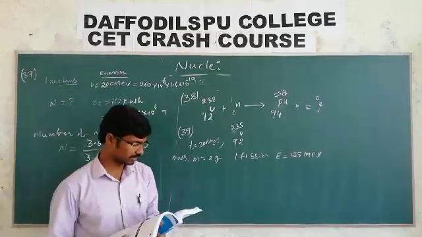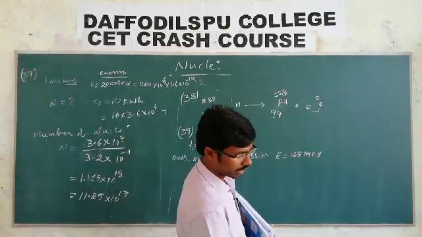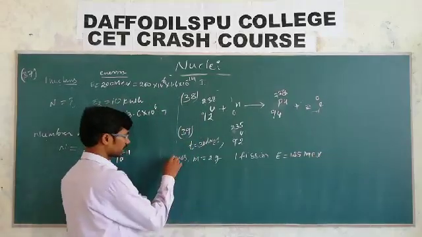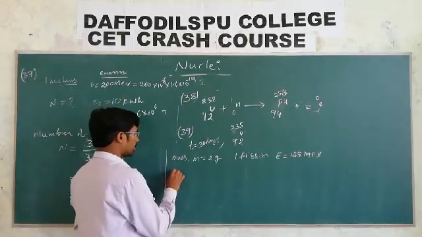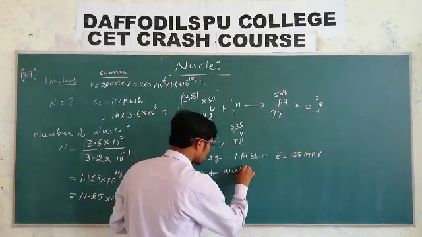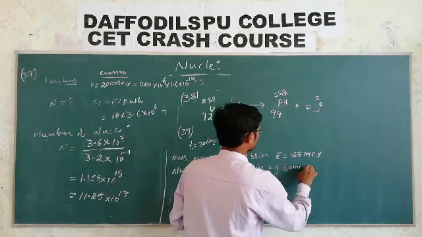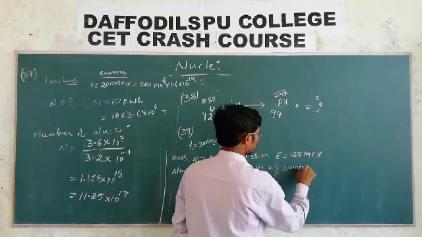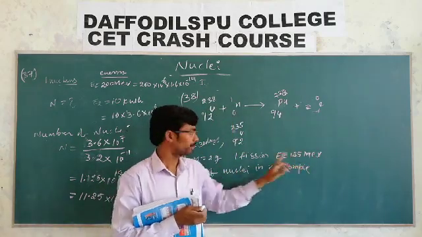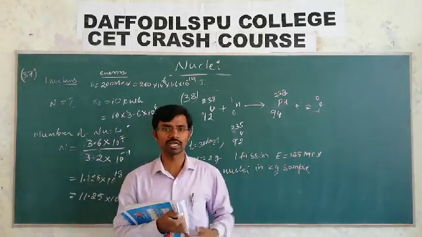Avogadro number is given as 6.023 into 10 power 23 mole inverse. Now let me take the number of nuclei in a 2 gram sample. Because for one nucleus fission it is 185 MeV, but in a 2 gram sample, how many nuclei will there be?